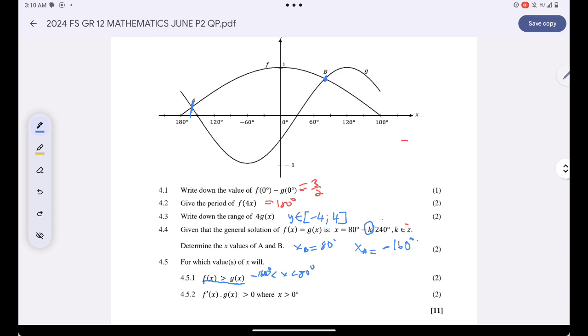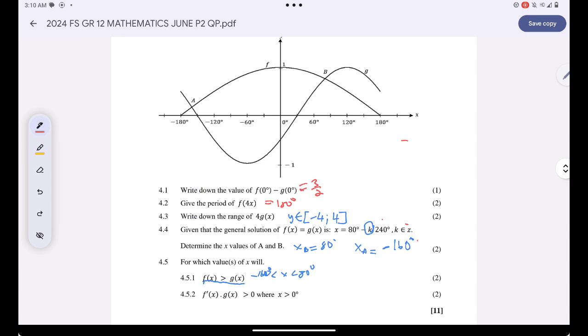For which values of x will the product of the gradients of f and g be greater than 0 when x is positive? I will indicate that by using red ink for f of x.